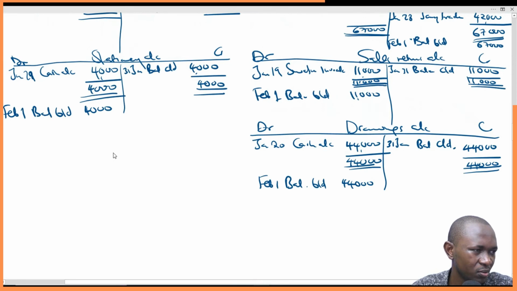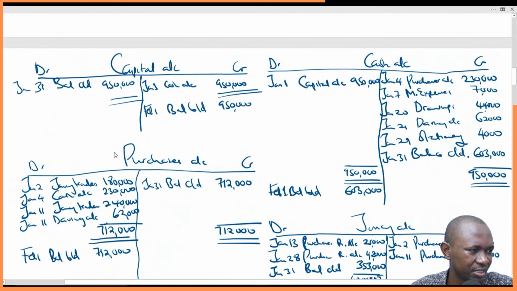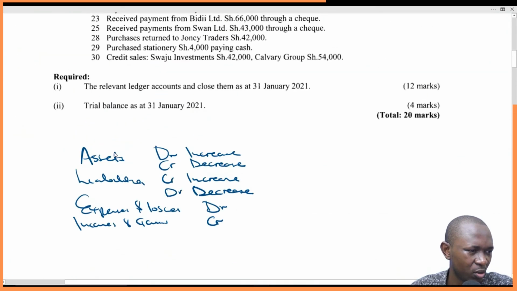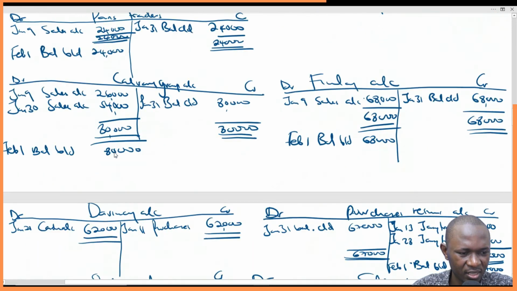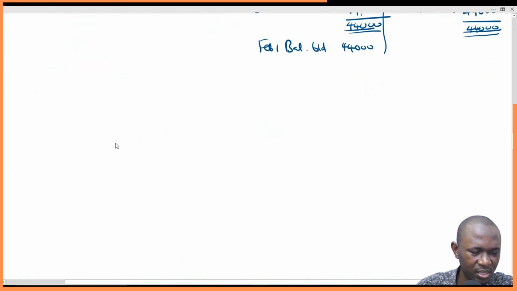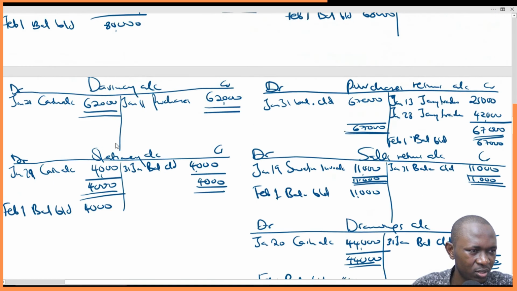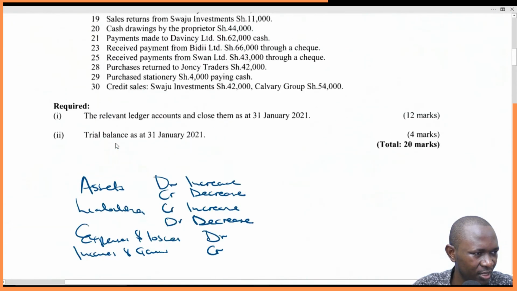So let's go to the second part, and the second part is the trial balance as at January 31st. So we'll come here and say, now it's good manners always to start with the title, and it's actually expected.